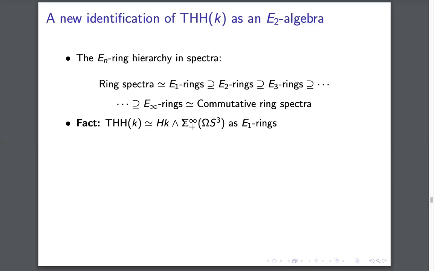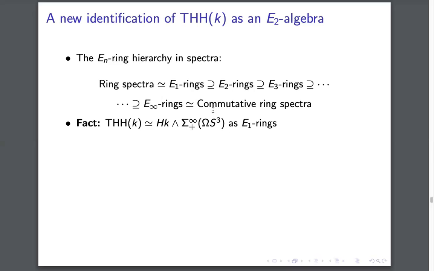But there is also this interesting thing here. If you look at this carefully, this thing also happens to be E2. It comes from the fact that S3 is a topological group, because of the quaternions. Now, because this is already E1 and you have looped it, this whole thing becomes E2, right?